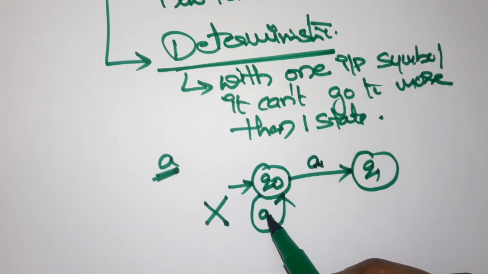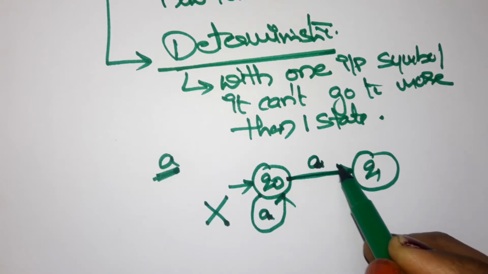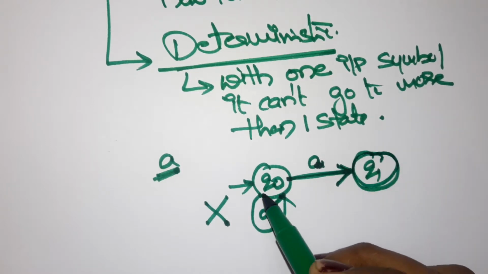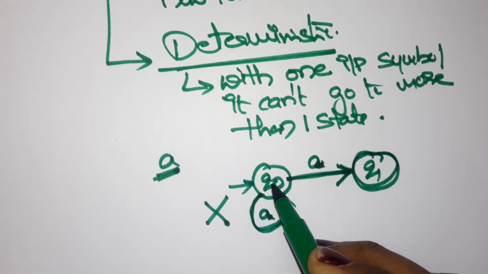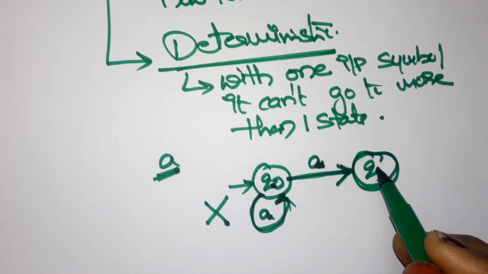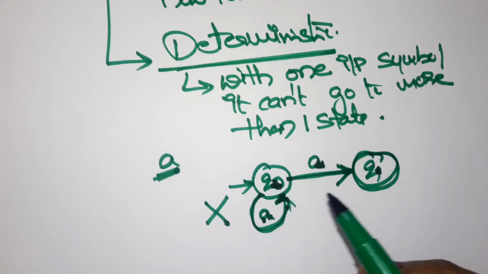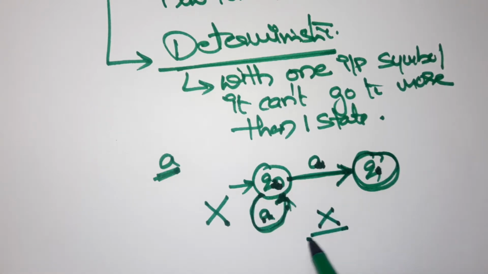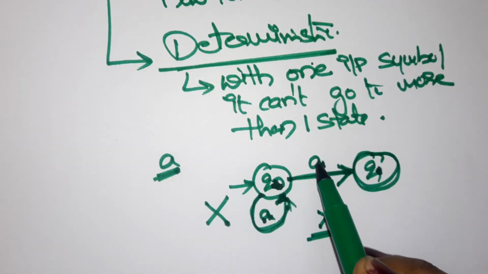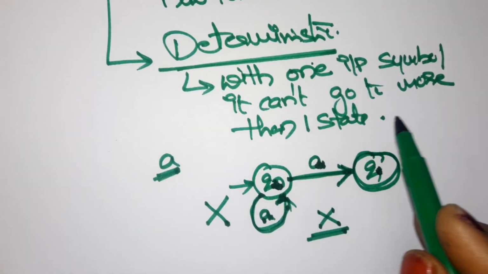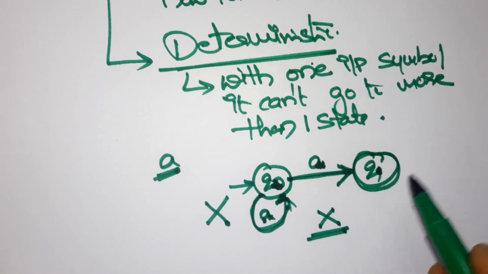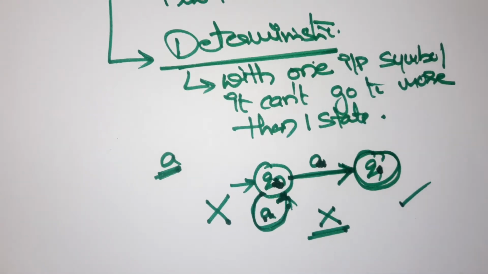Here Q naught on A goes to Q1, and again Q naught on A goes to Q naught. So this is not possible in a DFA. With one input symbol, it cannot go to more than one state. You need to remember this in your designing of a DFA.